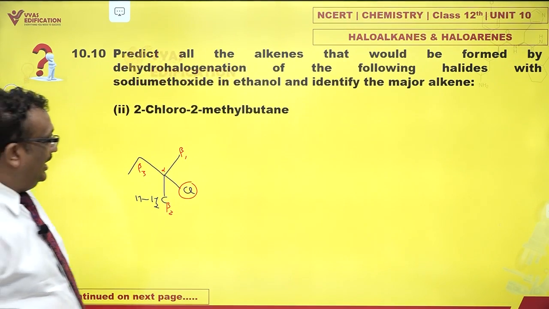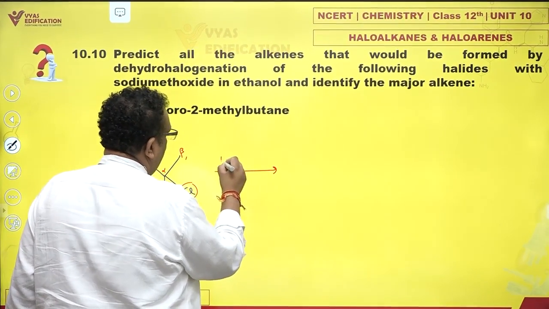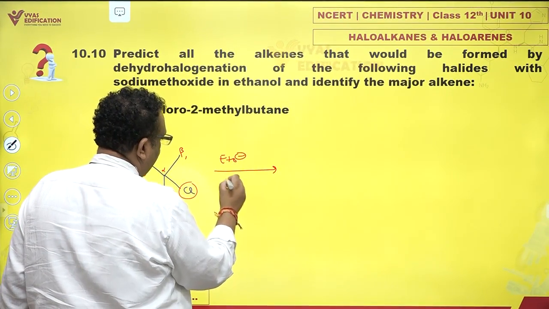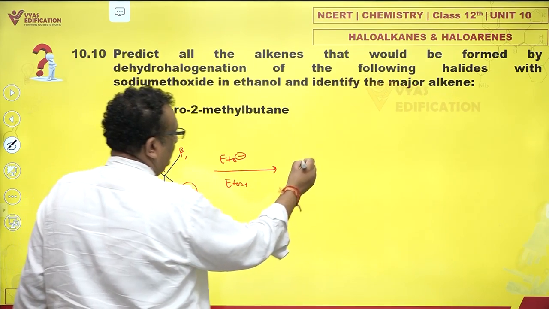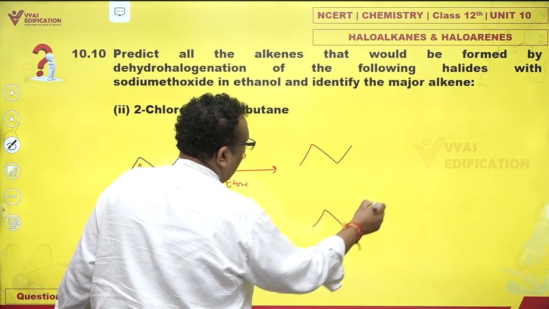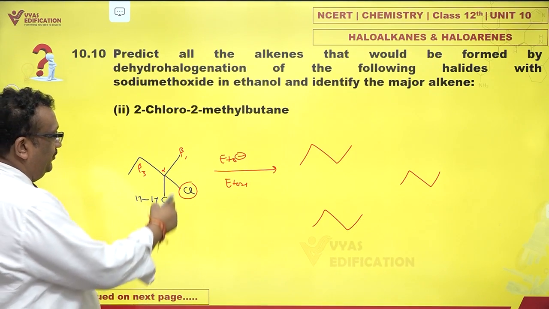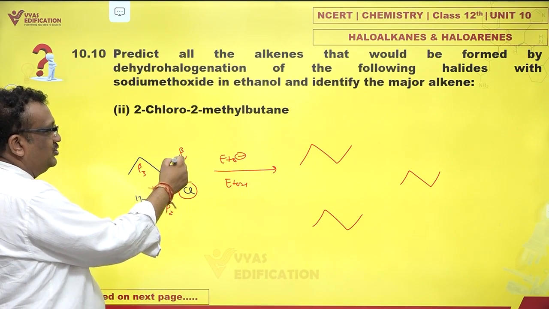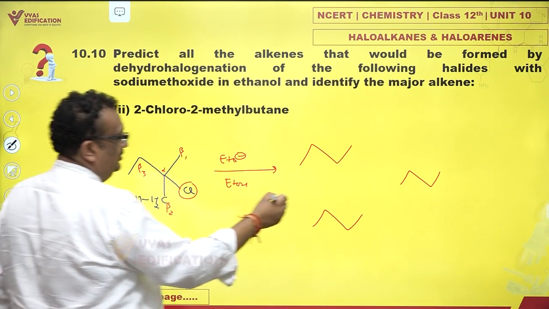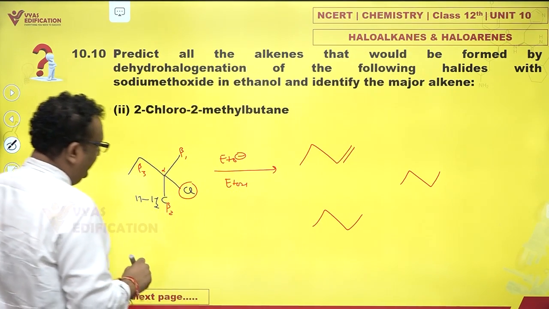What should I do? As elimination happens, I'll start getting different alkenes. With beta 1, if I remove hydrogen, I get a pi bond here. This.